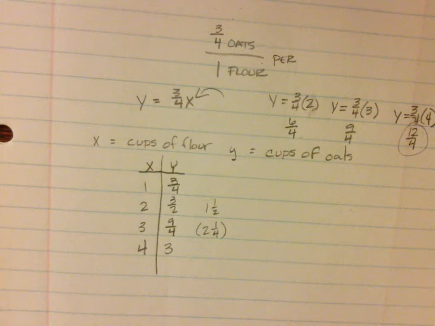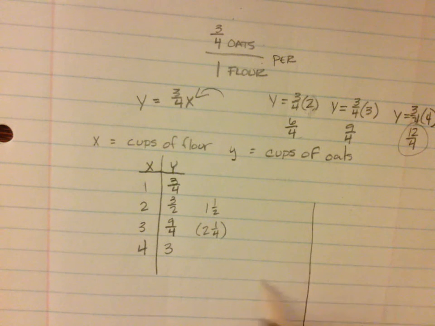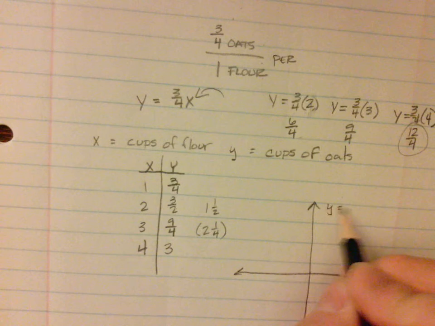So what I'm intent on doing now is making a graph of these values. So again, I'm going to draw my coordinate plane. And I need to label my axes. This is X, which is flour. And this is Y, which is oats.